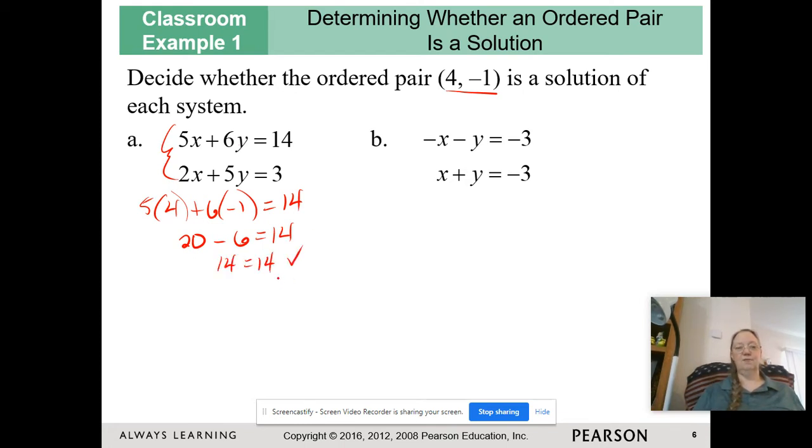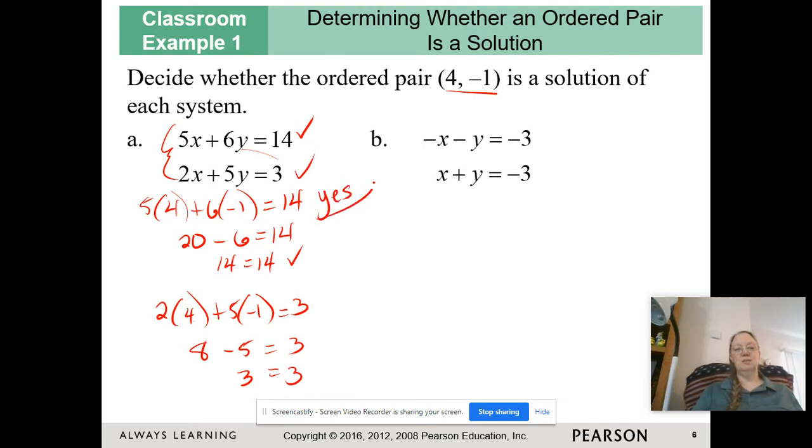And it satisfies the first equation. Now we have to check it in the second equation. So 2 times 4, we have 8, minus 5, and we have 3 is equal to 3. So it satisfies both, which means yes, it is a solution to that system.